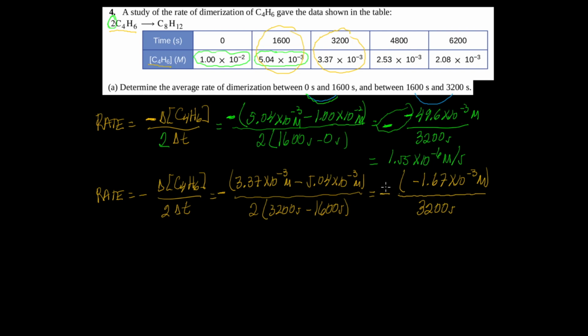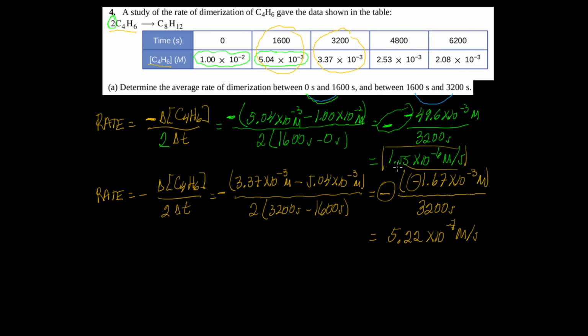These two minus signs take care of the negatives in this problem. And so 1.67 times 10 to the minus 3 divided by 3200 is equal to 5.22 times 10 to the minus 7. And the units there are molarity per second.